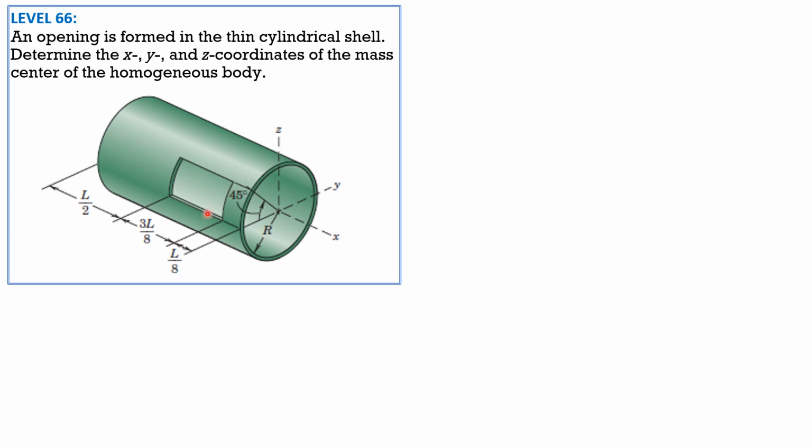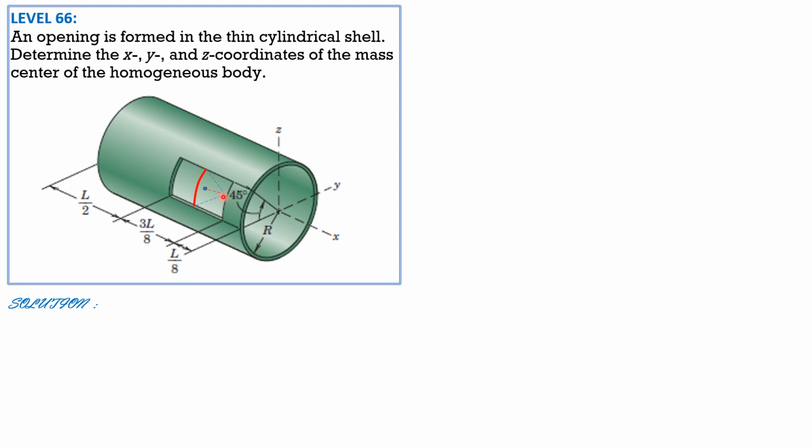For this part, we have to analyze it. The plane of this arc is also parallel to the YZ plane as shown. So this is the plane, then we draw from the center to this end of this arc, and this angle is 45 degrees. So half of 45 degrees is 22.5 degrees. That's the centroid of this imaginary arc, and this arc is to be moved along the x-axis to form this surface of the arc or the shell.